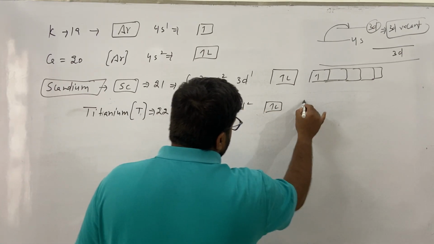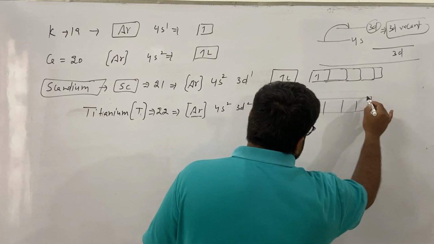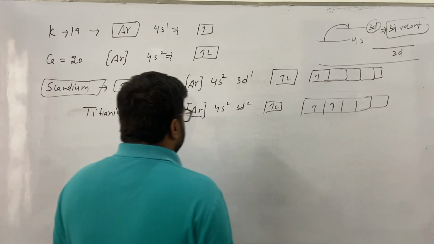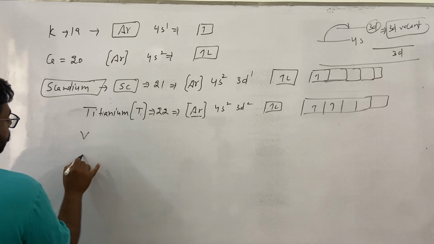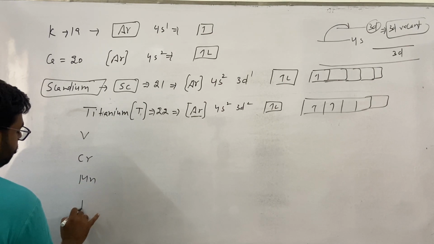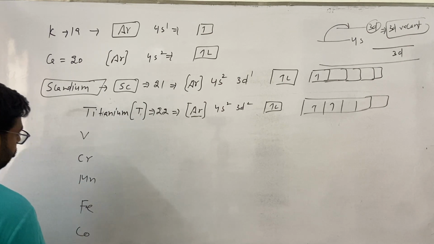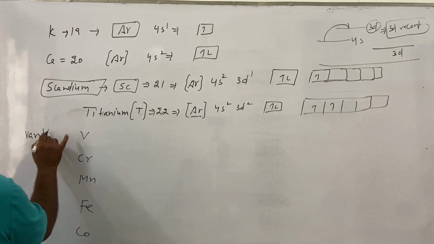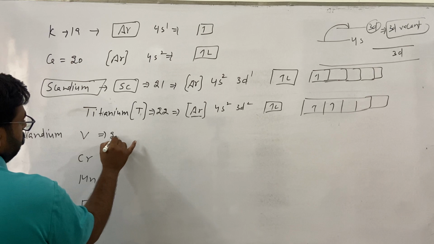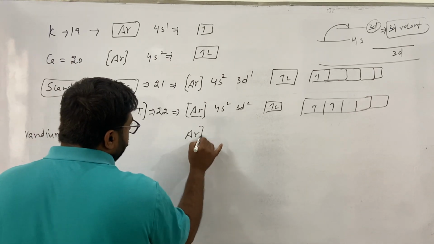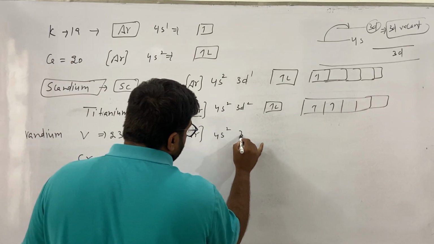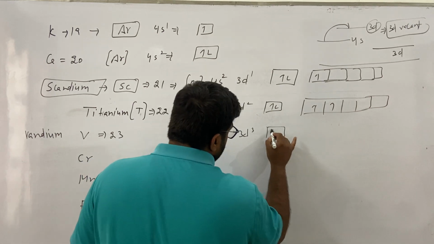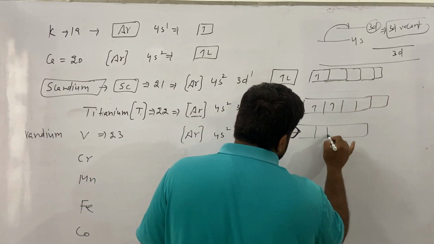We can write it in that manner. So after that vanadium, chromium, manganese, iron, cobalt. For vanadium there are 23 electrons and we can write it as argon 4s2 3d3.